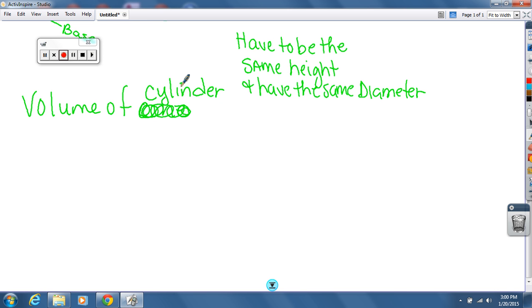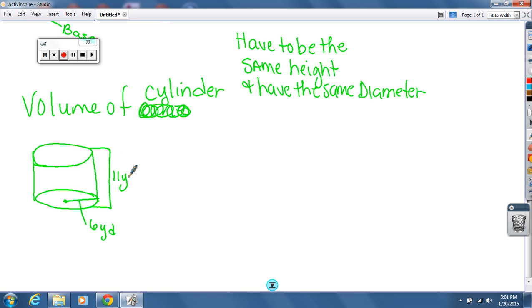So if I have a cylinder, your typical cylinder, of course my drawing stinks, so just bear with me. If you have a cylinder and they tell you what the radius is, perhaps they tell you that this radius is 6 yards. And the height is 11 yards. It is nothing more than filling it into the formula that you remember. So volume is equal to pi r squared times height.